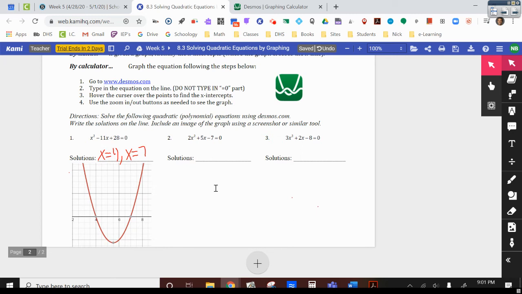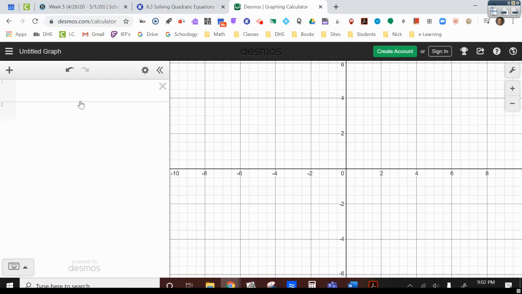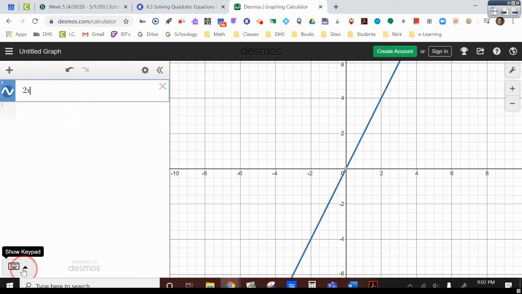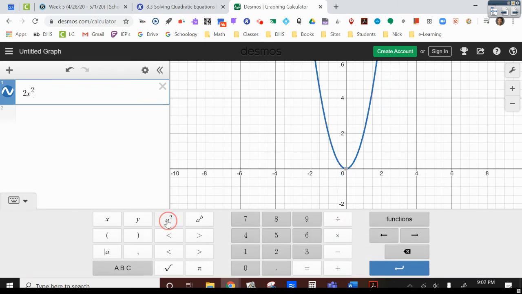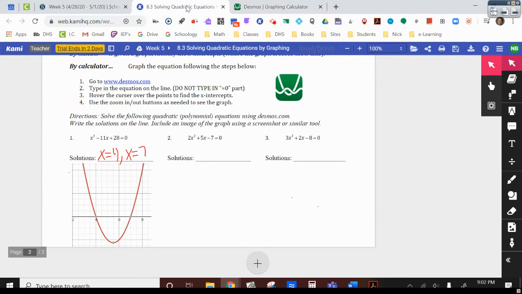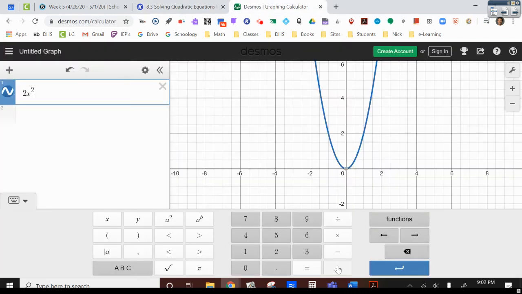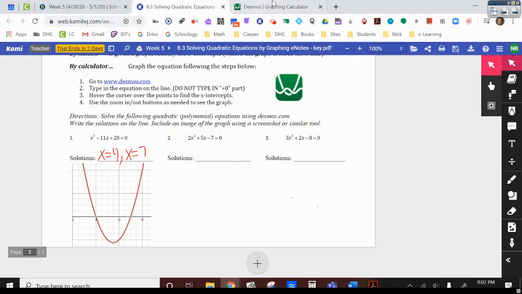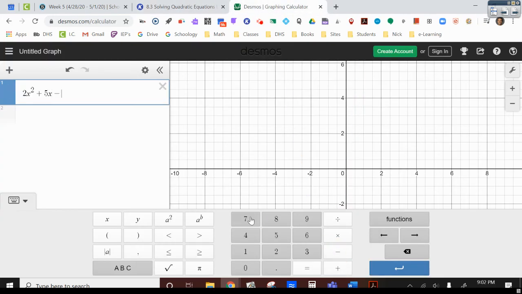There's my first graph of x squared minus 11x plus 28. Now I'm going to do the same thing for my second graph, 2x squared plus 5x minus 7. I'm going to clear this out. I'll open the keyboard and use this little a squared button to get that squared. So 2x squared plus 5x minus 7.